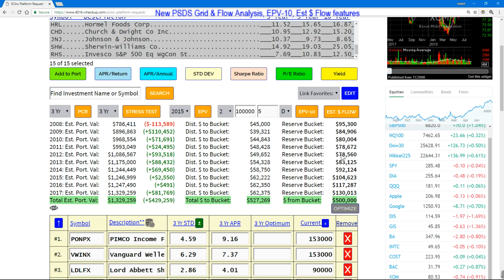We still were able to make our distribution of 50,000, and then we slowly started to build our cash bucket back up. And at the end, we had $130,000 in the cash bucket, still covering 2 years of distributions. We made $500,000 in total distributions over the 10-year period, and our portfolio value went from invested $900,000 to $1,329,000.